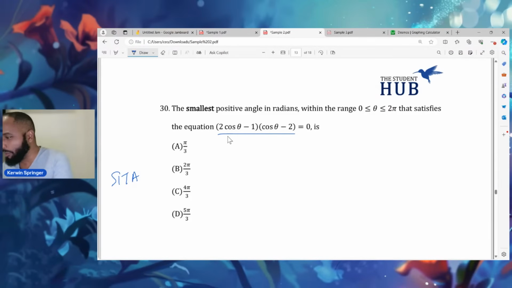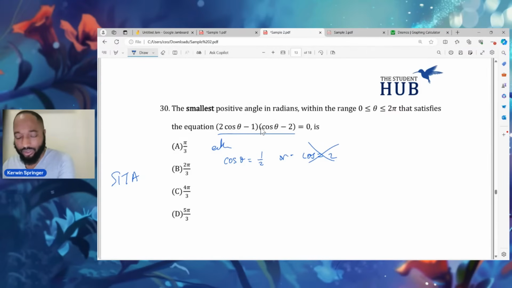What I want you to do here, I don't think they want you to expand this back out, because then you would have to factor again. So it's either cos theta is equal to positive a half, or cos theta is equal to 2. So this one is invalid anyway. Because when I equate to 0, I remember solving these trigonometric equations. So I want theta to be the cos inverse of a half, and whatever that is is my answer.